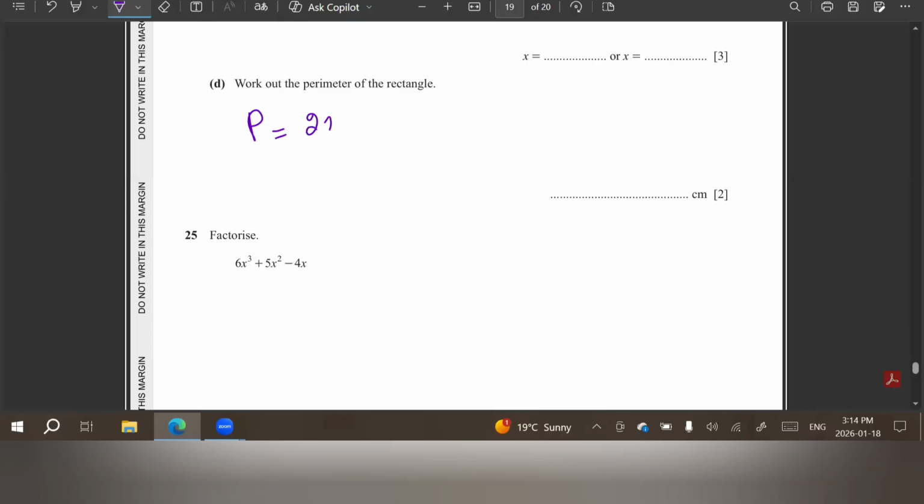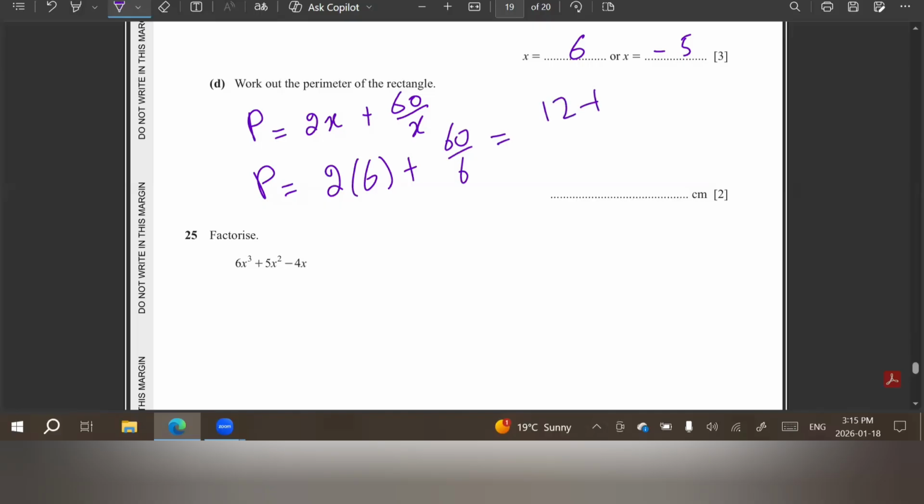There were two values of x, one was 6, one was minus 5. I'm going to take the positive value, not the negative value. So your perimeter will be equal to 2 into 6 plus 60 divided by 6. So that is 12 plus 10. So your perimeter will be equal to 22 centimeters.